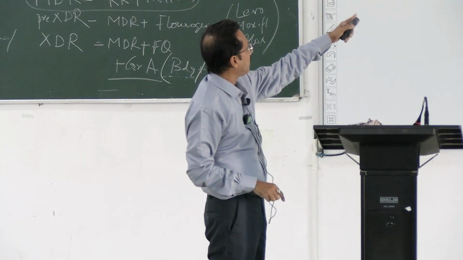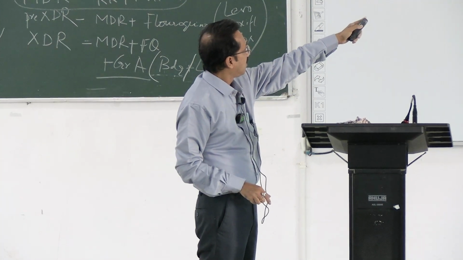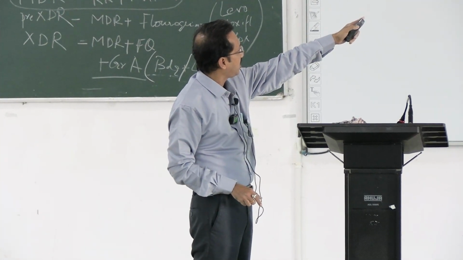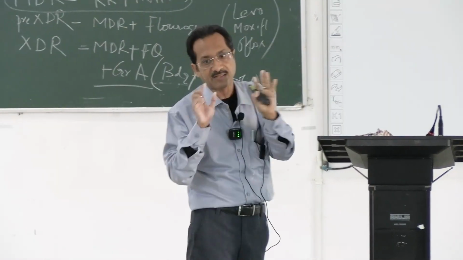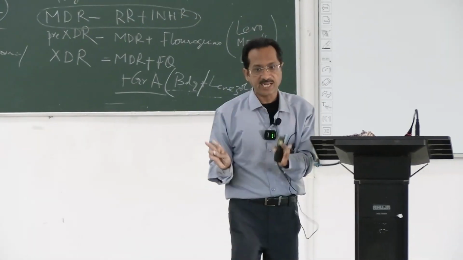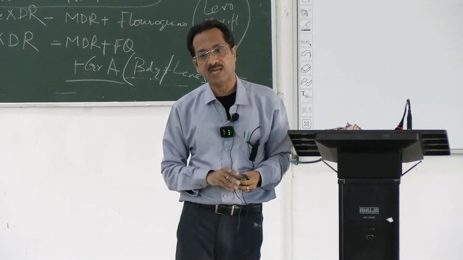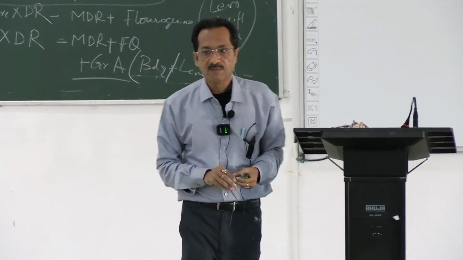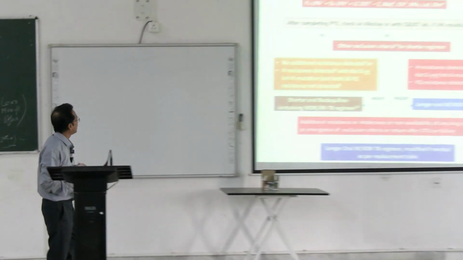So line probe assay for fluoroquinolone and second line drugs: levofloxacin, bedaquiline, moxifloxacin, linezolid and delamanid. These are the second line drugs. Two new drugs are bedaquiline and delamanid, and most of the therapy for MDR is now bedaquiline based. Bedaquiline you should know even in your pharmacology and community medicine.